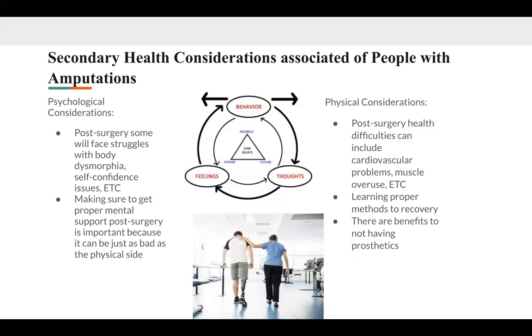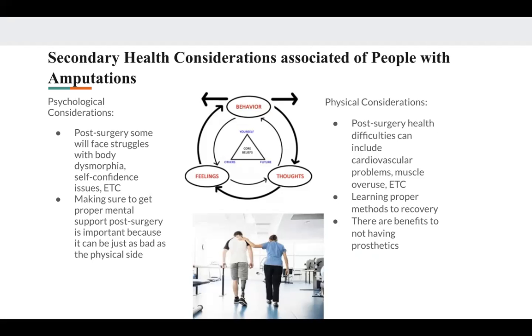And then some physical considerations can vary between what happens after. Some people are able to recover relatively well and face minor things, or there's difficulties like having cardiovascular problems, muscle overuse, where if somebody isn't using prosthetics, due to the imbalance of muscular strength and the muscles being overused on one side because of overcompensation, it can cause things like arthritis, tendonitis, and other overusage difficulties of muscles.